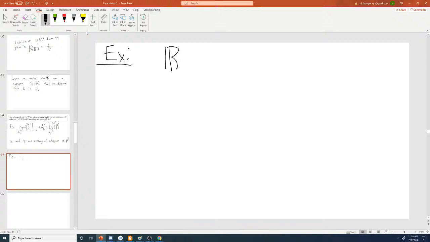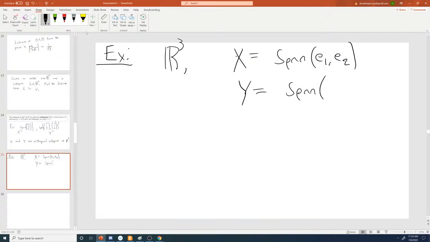I'm going to stay in R3, and I'm going to set my X to be the span of E1 and E2, where these are the standard basis vectors. And I'm going to set Y to be the span of E1 and E3. Then I can visualize X and Y as follows.